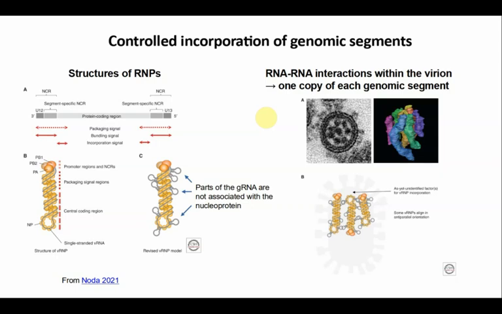Fortunately, we've been able to figure this out. What seems to be the case is that the ribonuclear protein, when you've got one copy of the negative stranded genome segment with the nuclear protein, forms this kind of helical complex in an elongated stick form. But it seems like you've got bits of the genomic RNA that bulge out from time to time.